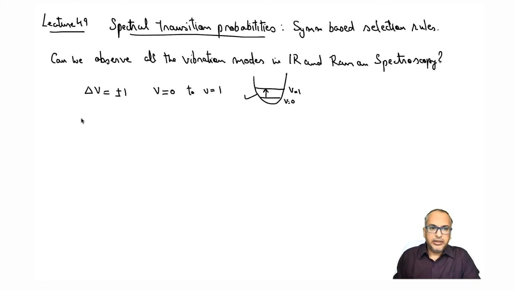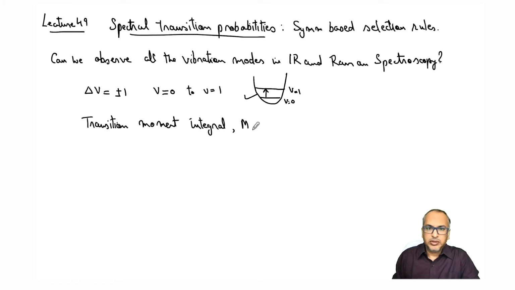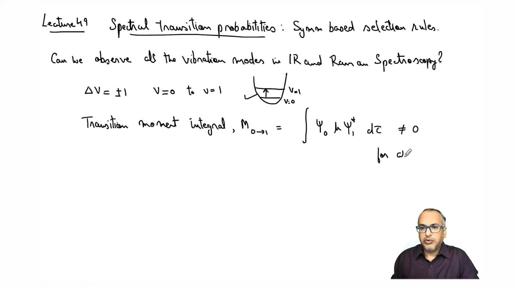Now if I want to write the transition moment integral for this, we have already seen it, so I'm just repeating, but we will go into more details. The transition moment integral M 0 to 1 will be given by the integral of psi 0, mu, psi 1 star d tau, and this should not be equal to 0 for allowed transitions.